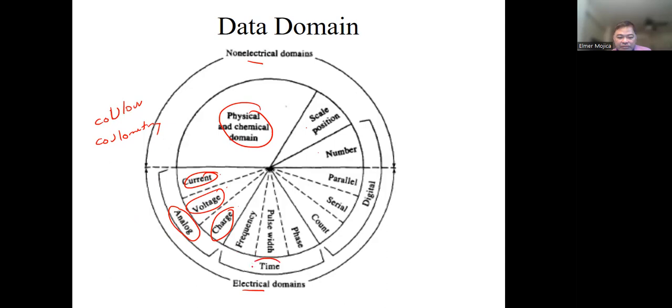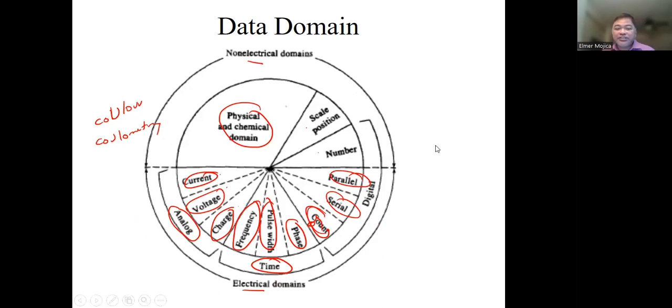Now, in terms of time domain, in electrical domain, you have the frequency. You have the pulse width, the phase. Okay. And then in terms of a digital, it can be a parallel, a serial, or a count. So that's the nature of your data, the domain that they have.